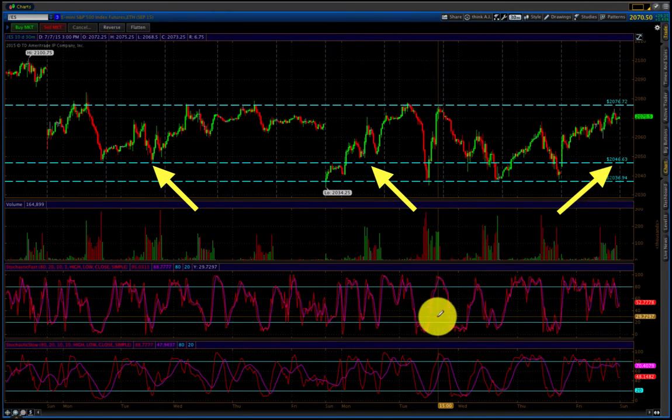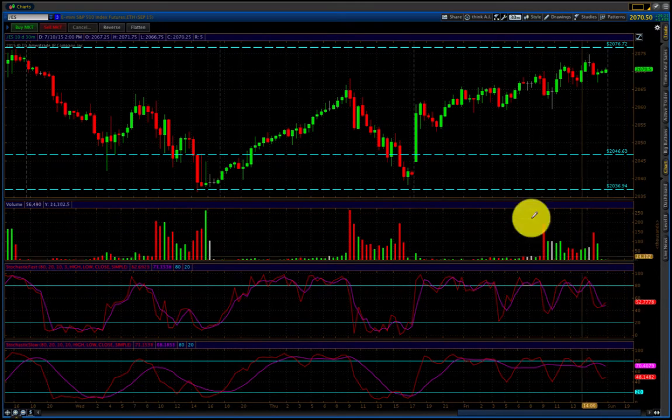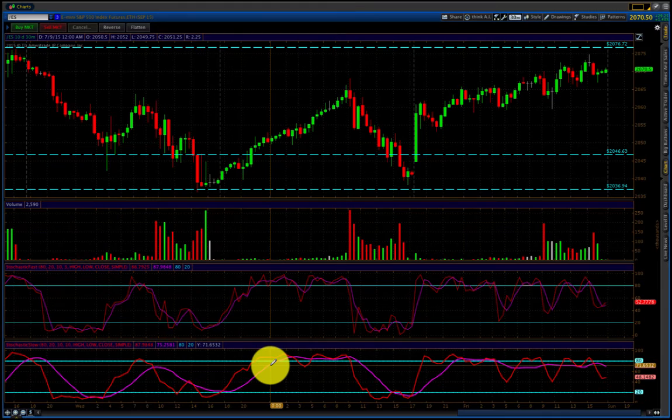So now, again, overall I do think that there are enough conditions to go down, but I'm trying to just use this to confirm.